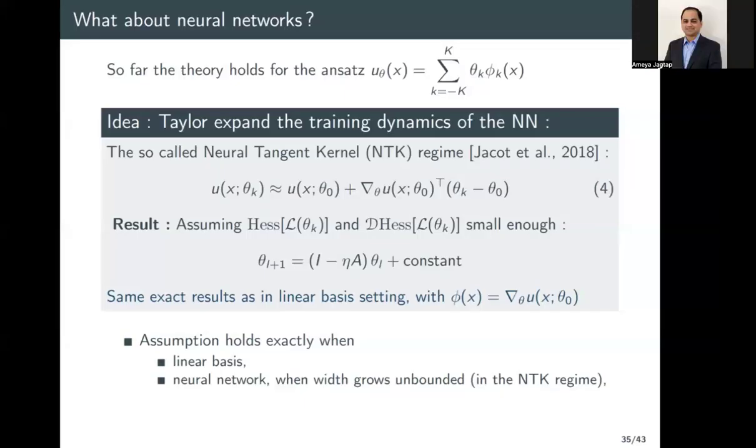This kernel method is going to be nonlinear in the function, but linear in our coefficients. And our learning dynamics are going to be very simple because they are linear. We're going to look for something that's linear.